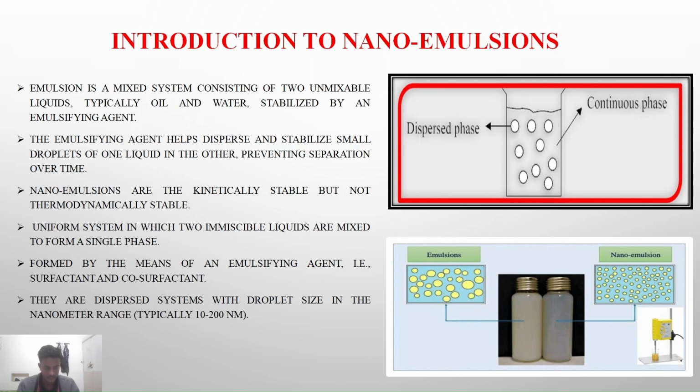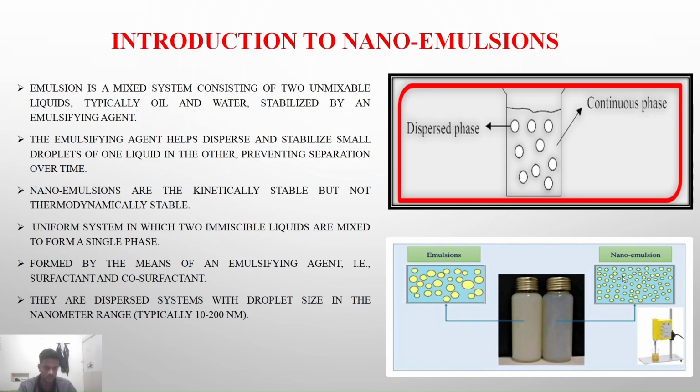So first I would like to give a brief introduction about nanoemulsions. So what are nanoemulsions? Generally, we know that emulsions and nanoemulsions differ from each other by the particle size that they disperse in the continuous phase. As you can see here, the emulsions have quite large particles, and these are generally opaque, like we can't see through the emulsions.